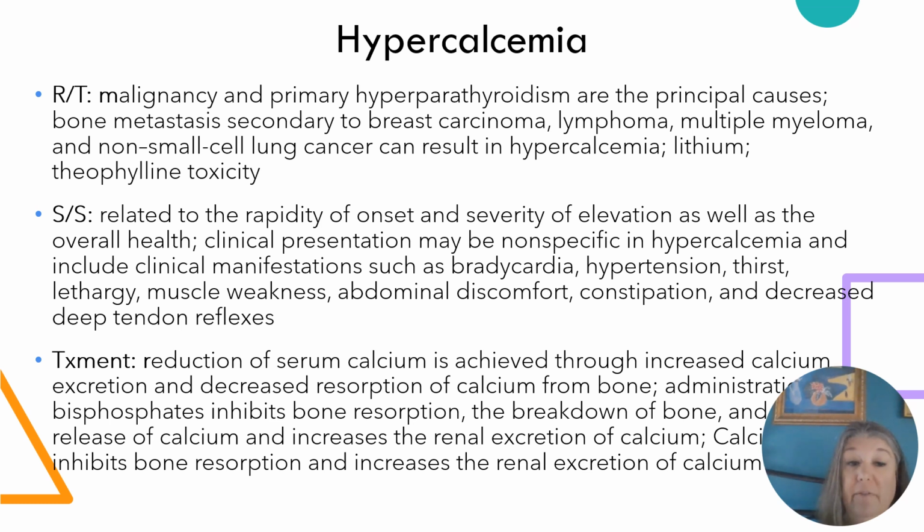So we give that IM or sub-Q, and that starts working within several hours. Okay, so we're going to use both. Bisphosphonates work a little longer, up to 7 days. Calcitonin starts working within a few hours, and it lasts several days, but not the full 7 like bisphosphonates.